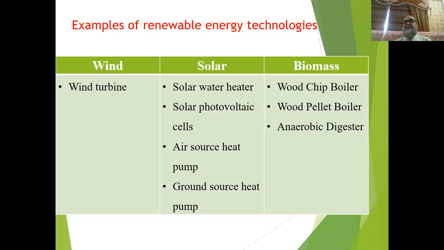Then the biomass examples are a wood chip boiler, wood pellet boiler, anaerobic digester. So these are the things. But in Karachi, we'll be adopting this biomass as an alternative to fuel as well. I will discuss in the last two to three slides what's going on and how technology is being used here.